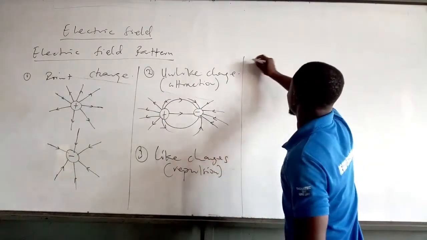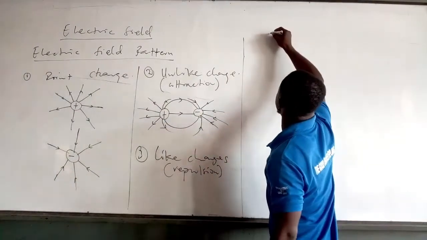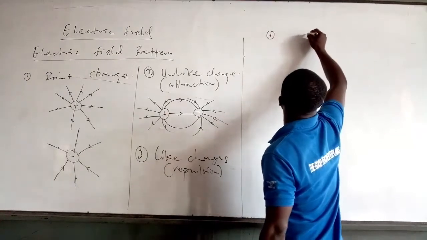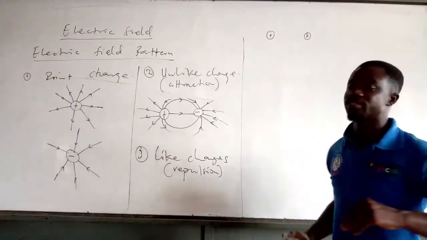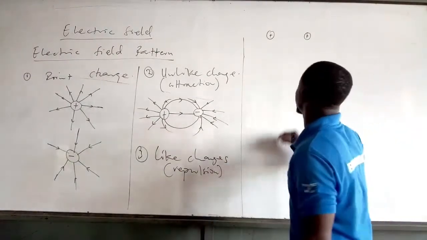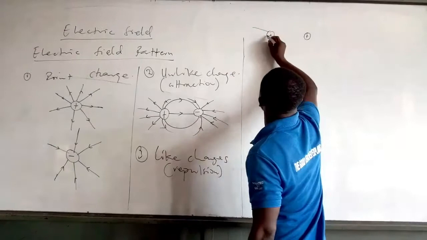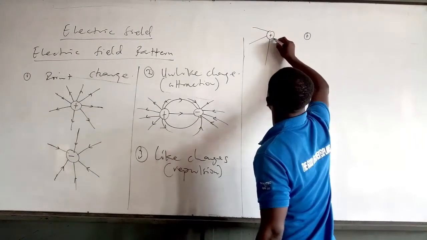So let's suppose that we have two charges like this. A positive, another positive charge. You know, when you draw them, don't put them so much apart. Let them be a little bit closer. So the lines of force pattern are like this.